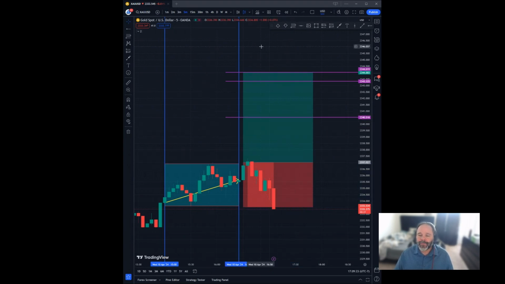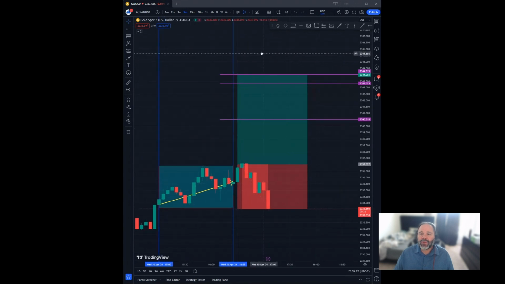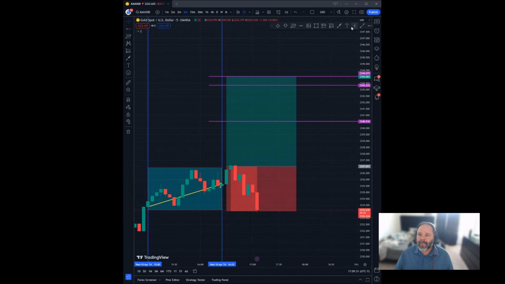So the kill zone starts exactly between 1630 right there and 1725, which is right there. It's only 1 hour. It's 1 hour that we analyze that section.